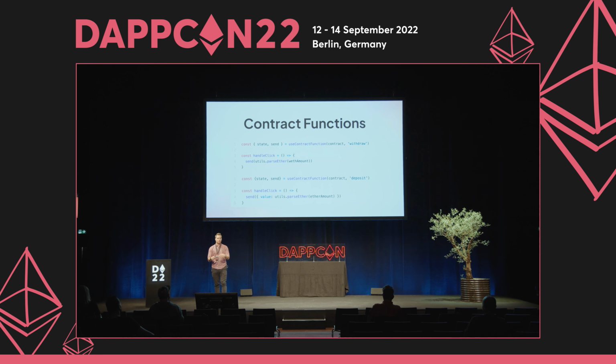And again, in the more general case for smart contracts, you have two functions, send and state. State works exactly the same. Send is very similar. First, you need to provide for useContractFunction the contract, which already contains an ABI and the address of the contract, and the name of the function, and the send will accept the same list of arguments that is accepted by the smart contract function.